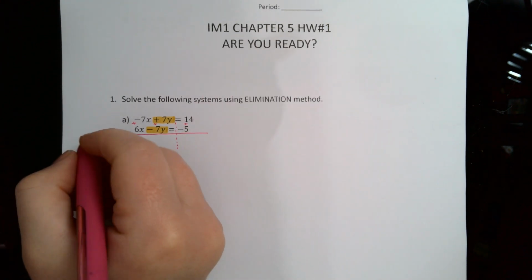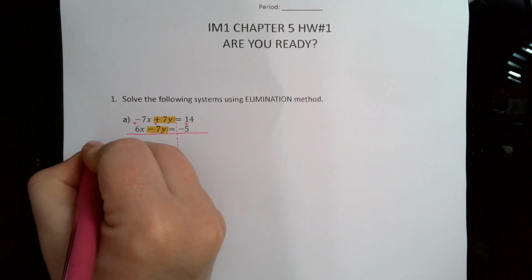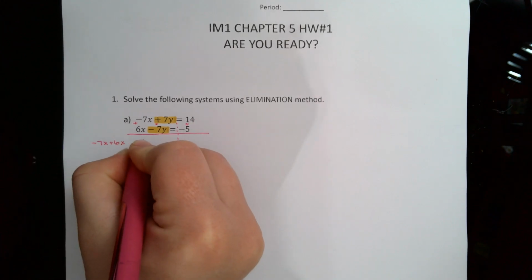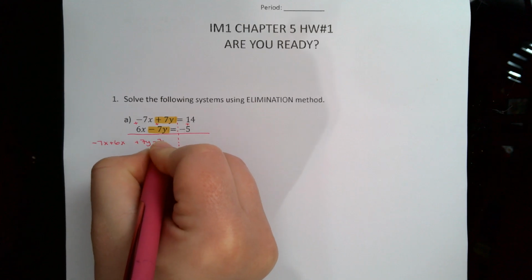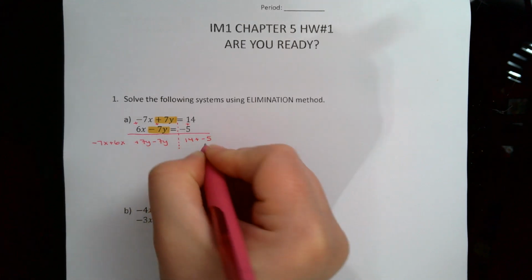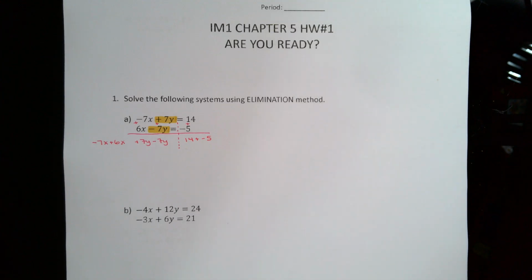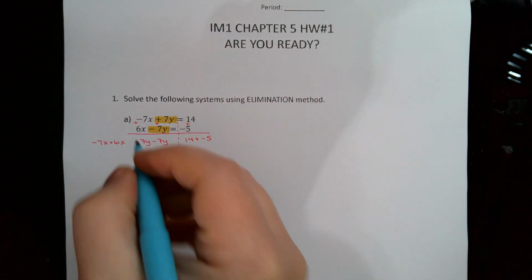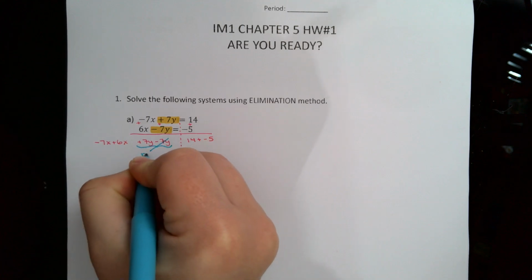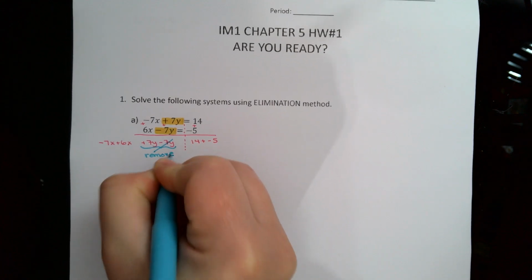So what ends up happening is I'm going to have a negative 7x plus 6x, a positive 7y minus 7y, and here I have a 14 and a negative 5. And so with our elimination, we're going to eliminate the variable of our choosing. So 7y's and negative 7y's, this is going to be removed or eliminated.